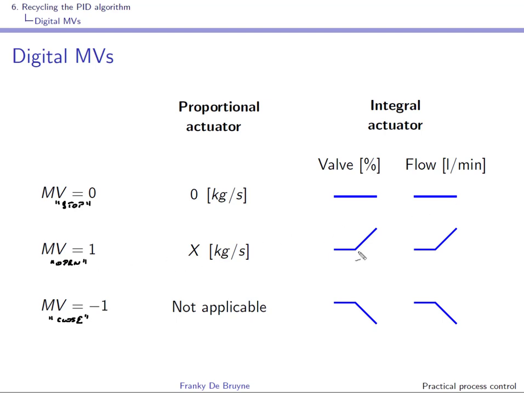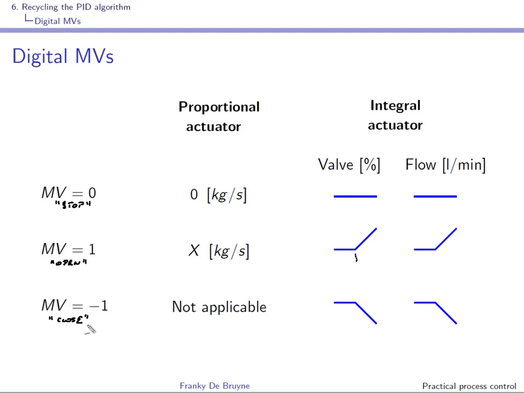But now, if at this time instant over here we send the command open, right, since we have a constant speed motor, the valve opening will start to increase linearly, and you'll have a linear increase of the output flow, right?